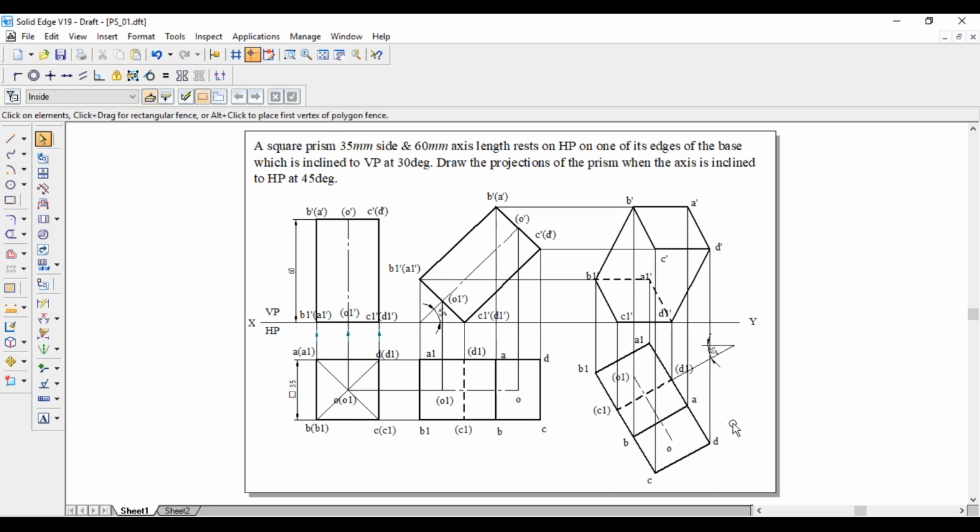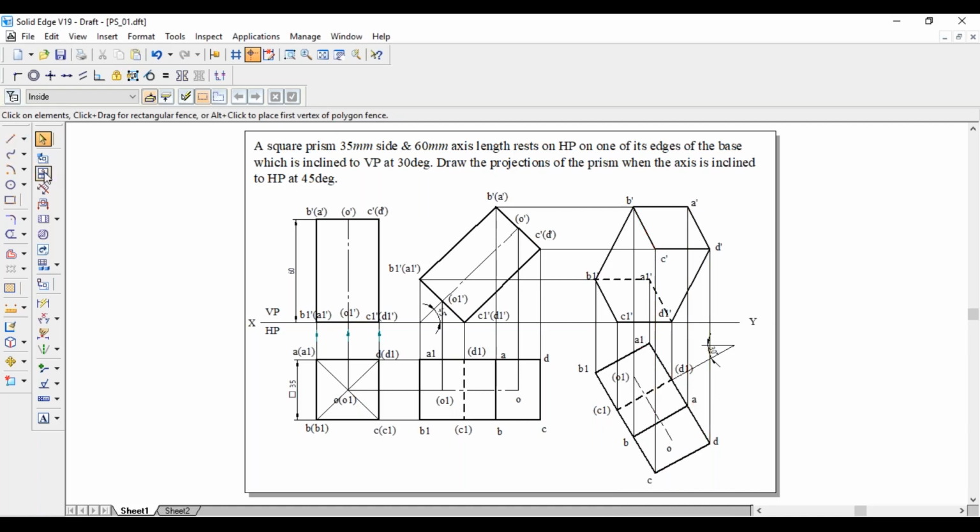Next, coming to another 2 longer edges, that is A dash A1 dash and C dash C1 dash. A1 is here, whereas C1 is here. So C1, if you see from this side, it is visible, whereas A1 is away from the observer, it is invisible.